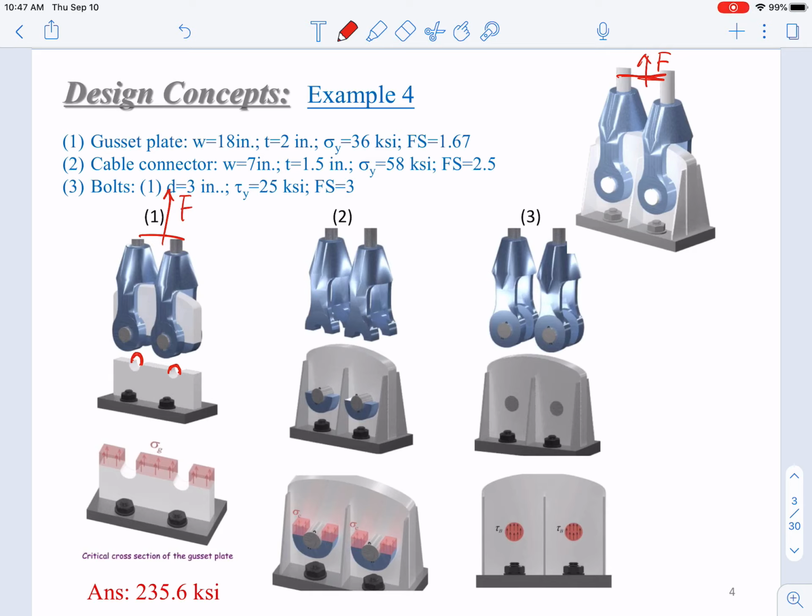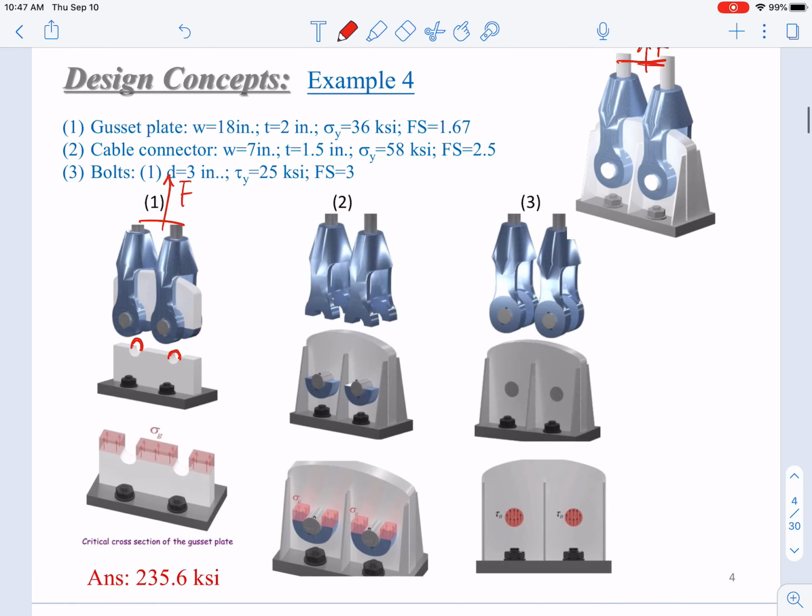As we said, we don't need to consider the whole interface area. We only consider projected areas. So the projected areas will be 2 rectangles.